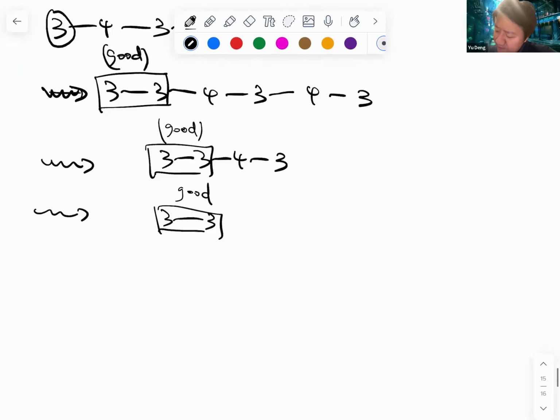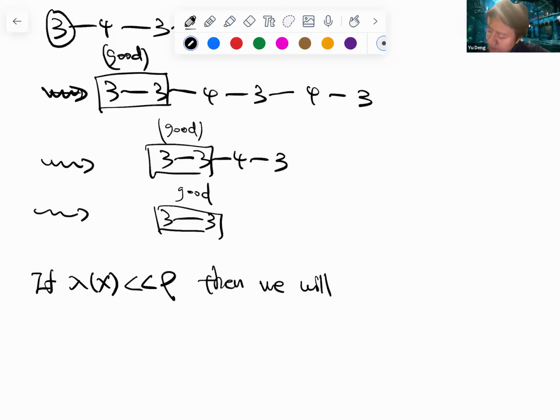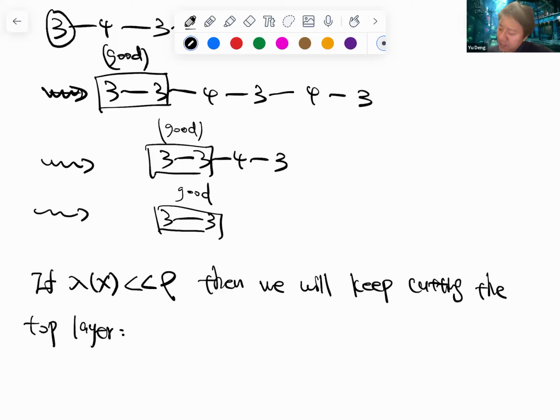And finally, if lambda, the number of components, is less than rho, then we'll keep cutting the top layer.